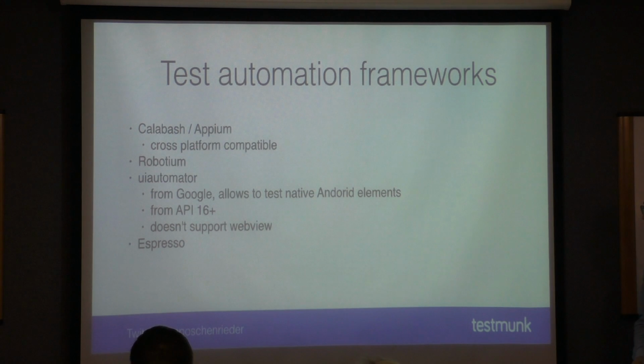It is relatively new, so therefore you cannot test older Android versions and it doesn't support web views. And Espresso is another one, Java. We're not going to dive into that right now, but I just want you to have heard about what's out there in terms of automation, what some of the frameworks are. We at Testmunk work with Calabash and have a really good experience there, and it's very powerful.